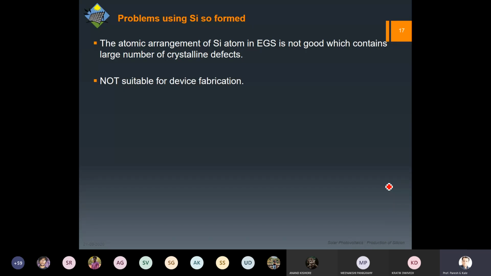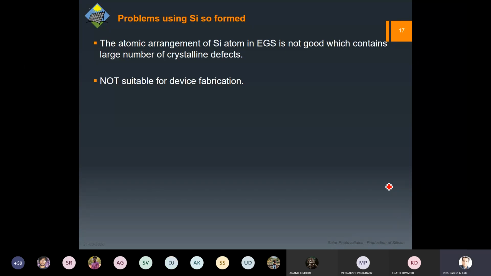The thickness of this wafer could be around 500 micrometer, and that has to be absolutely uniform in thickness and in any other quality. So those are the challenges. Still, what we have produced is not good for device fabrication.